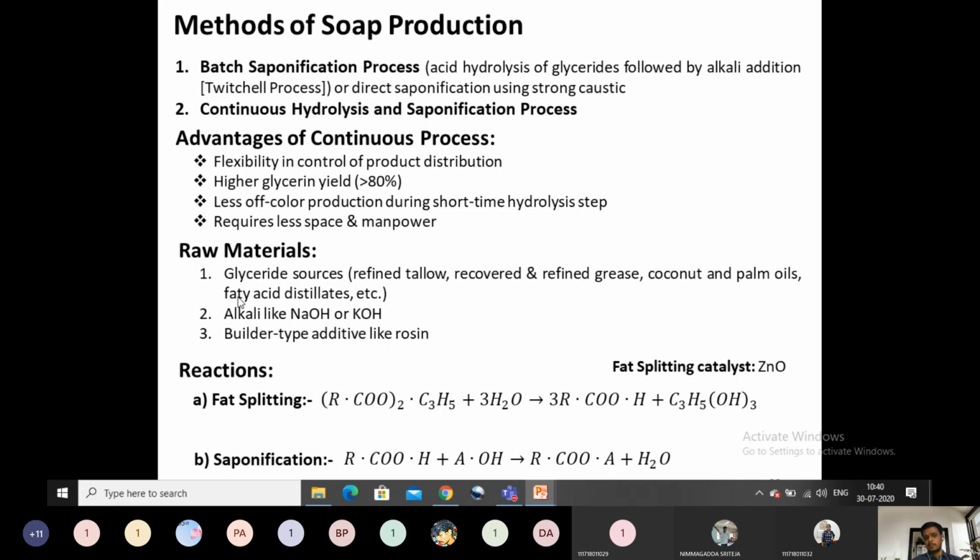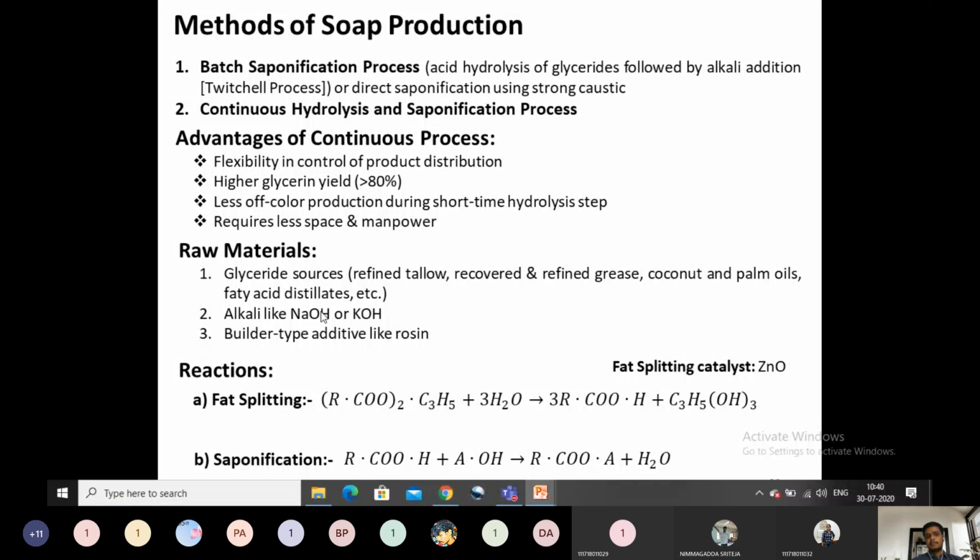Everything that comes under the category of fatty acid distillates we can use. Fatty acid distillates are nothing but individual fatty acids. When we obtain those from any type of operation on these oils, we get the individual fatty acids, which are nothing but fatty acid distillates. These are some of the glyceride sources we have to use.